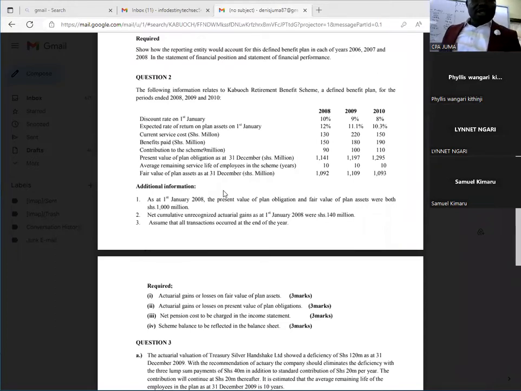So where is the present value of plan obligation? 1141. Roll here 1141. Then 1197.